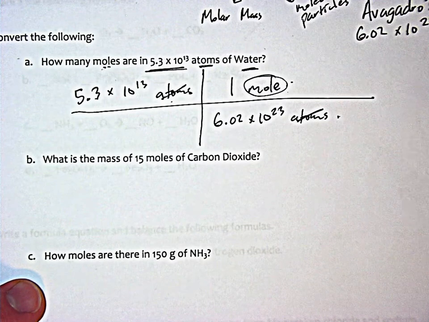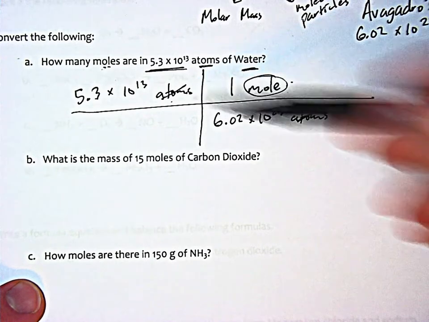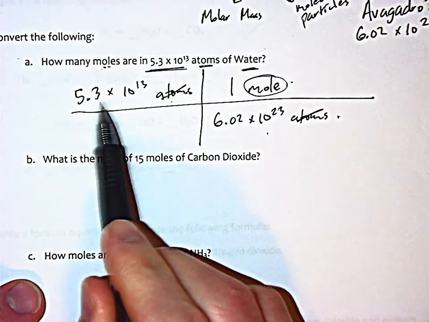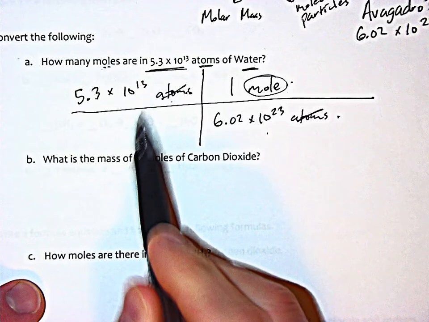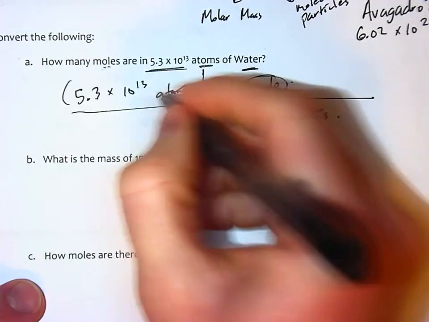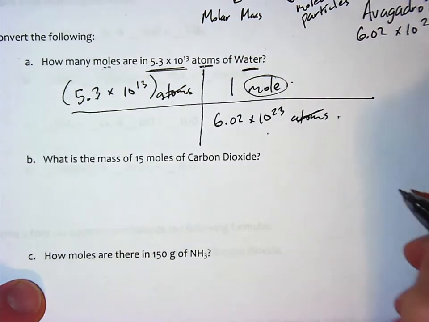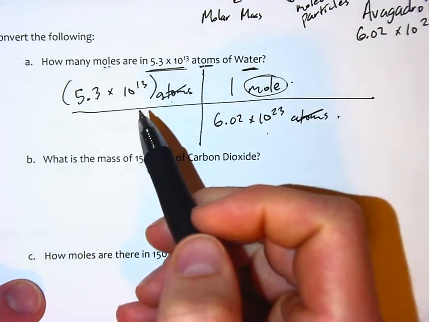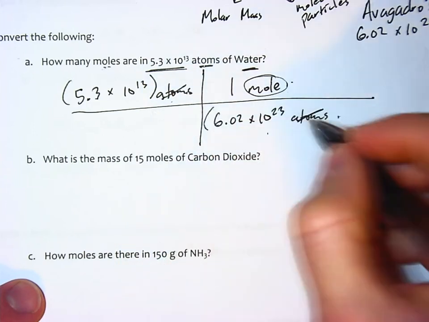So this is over this; you've set up a fraction here. If I'm going to plug that into a calculator, I'm going to put this part all in parentheses, then hit the division key and put Avogadro's number in parentheses.